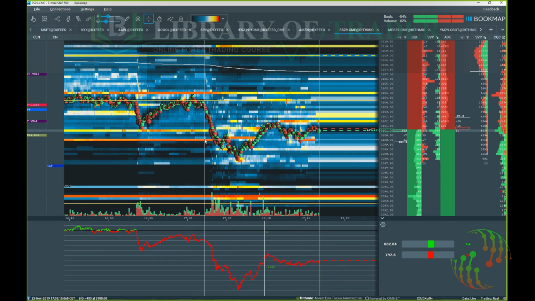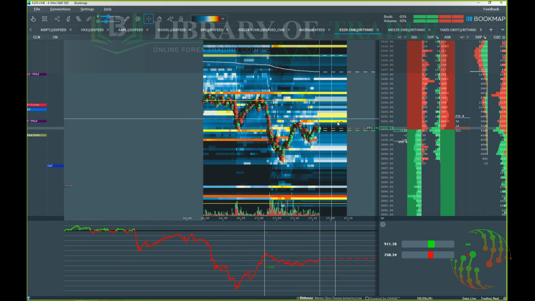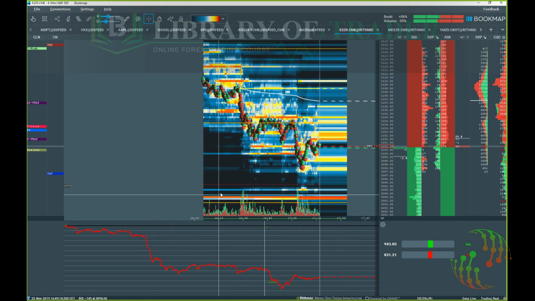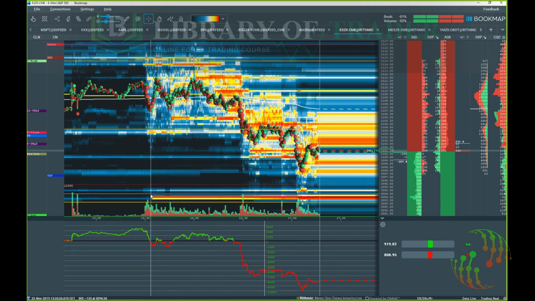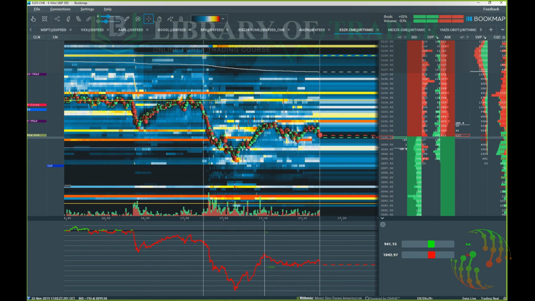It was the same level as here. Then it was hit, then the price went up, and then they suddenly cancelled. I wanted to say this would be my priority one liquidity, because it has been there since the start, since the session started at 9:30 Eastern time. And now they pulled. You see what happened here.